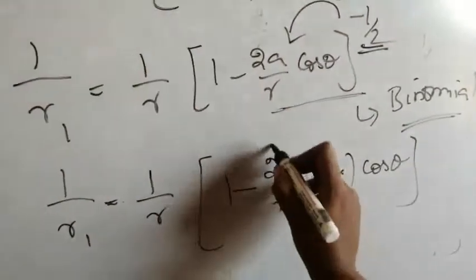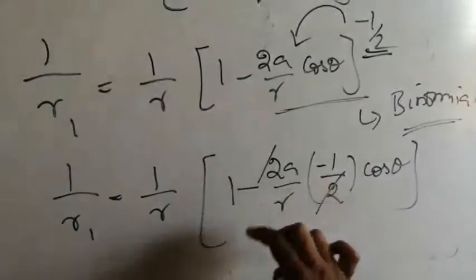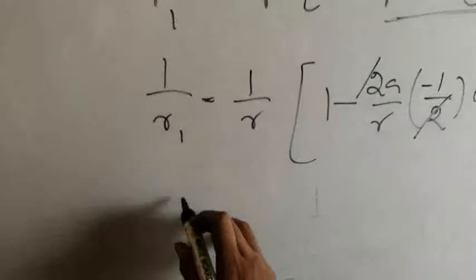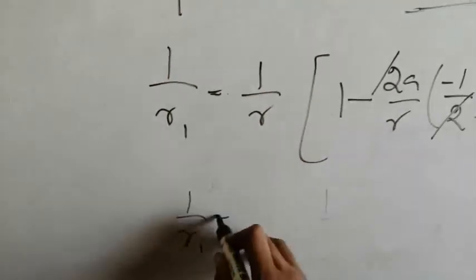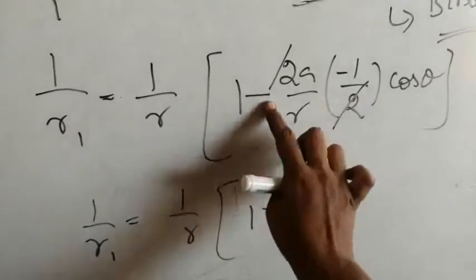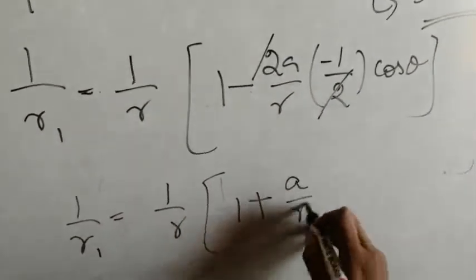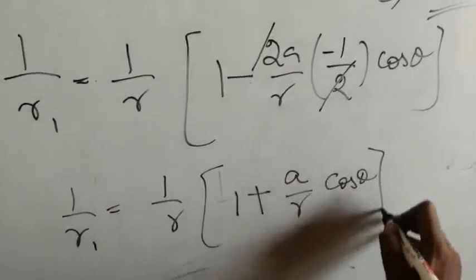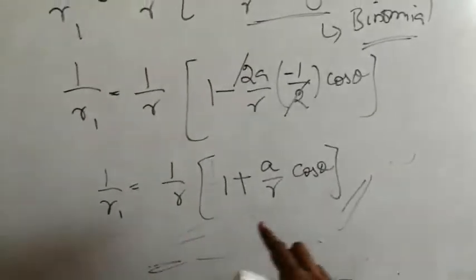So this 2 and 2 will get cancelled off. Minus into minus will become plus. So it is 1 by r1 equal to 1 by r into 1 plus a by r cos theta. So this is my 1 by r1 value.